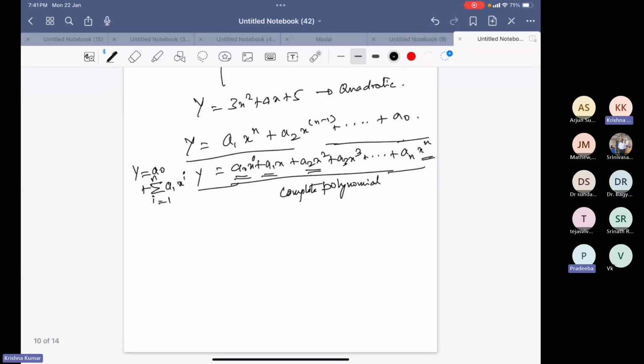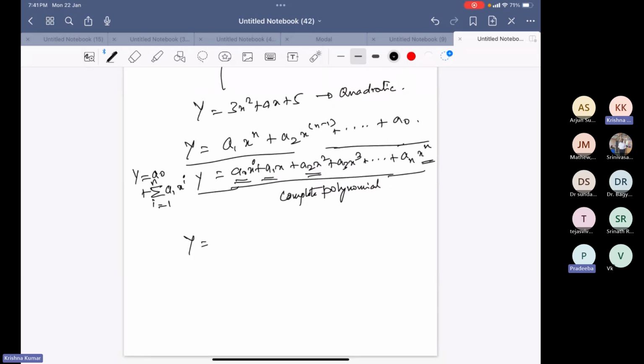Let me write that here: y is equal to a naught plus sigma i is equal to 1 to n ai x power i.